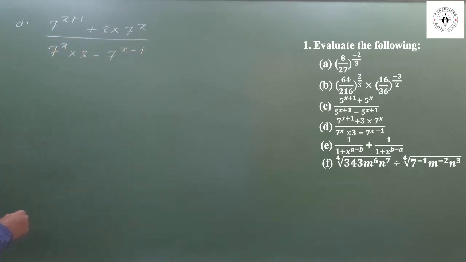This is our question: 7 to the power x plus 1 plus 3 times 7 to the power x, upon 7 to the power x into 3 minus 7 to the power x minus 1. How to simplify this or how to evaluate this?